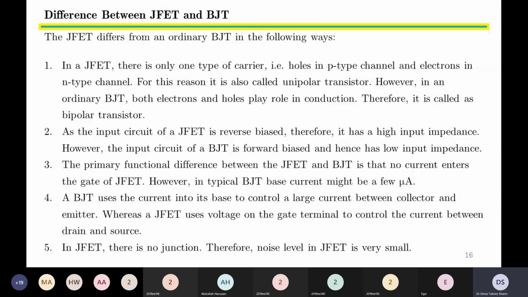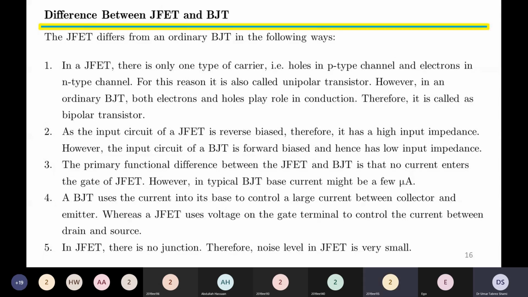This voltage creates an electric field. This electric field will increase or decrease the depletion region, and hence we can control the current flowing from drain to source.